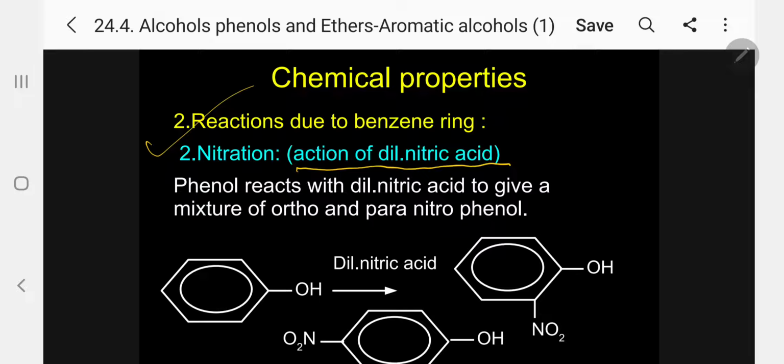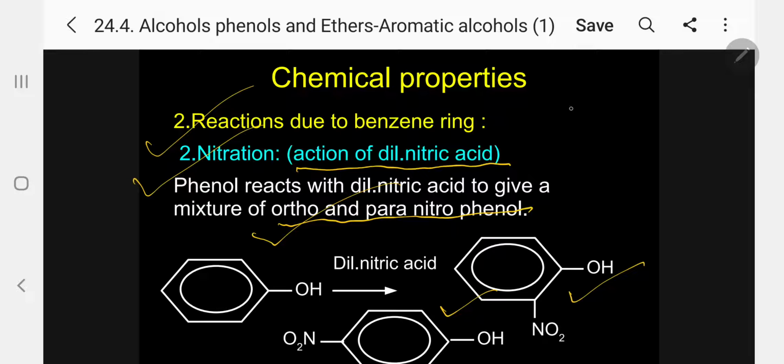Kindly follow. In the case of dilute nitric acid, phenol reacts with dilute nitric acid to give a mixture of ortho and para nitrophenol. Kindly follow. This is ortho nitrophenol, this is para nitrophenol, in the presence of dilute nitric acid. I told you the ortho and para positions experience high electron density and are easily attacked by the electrophile, that is NO2 plus.